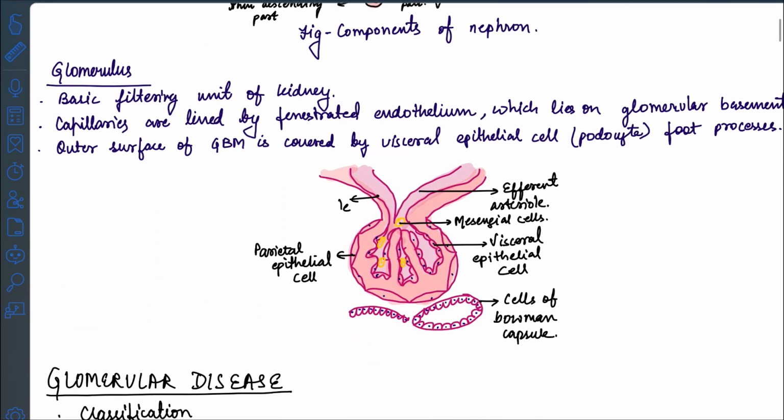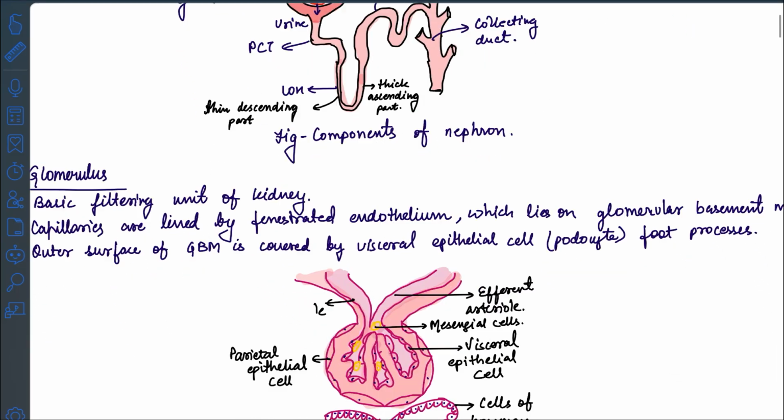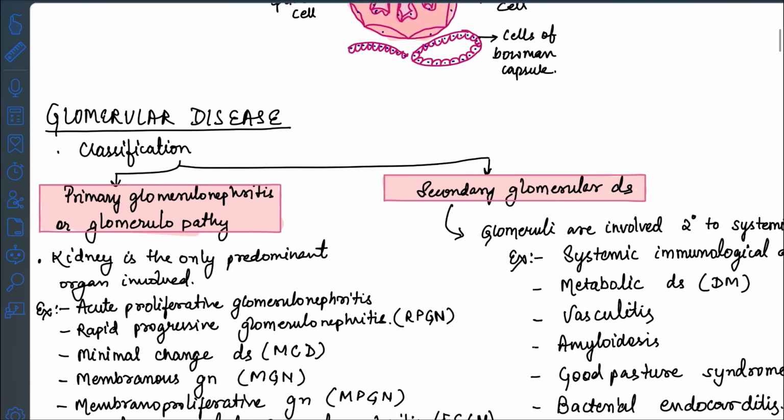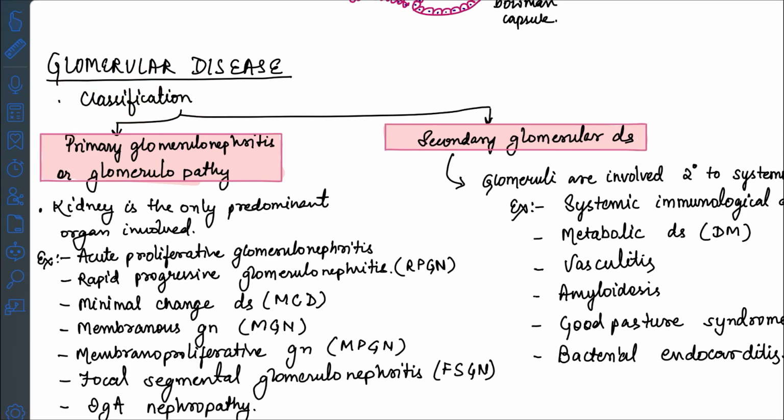Now, our main topic was kidney and urinary tract disorder. Now that we are clear about histology of kidney, let's start with glomerular disease. Classification. How will we classify glomerular disease?